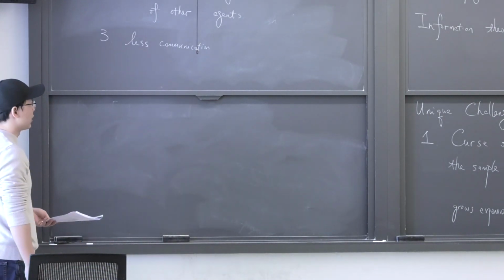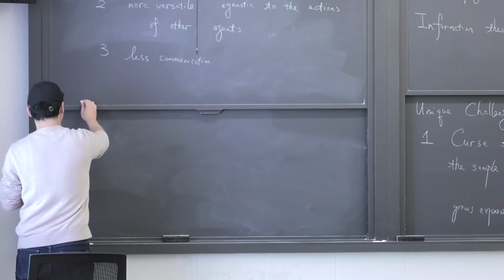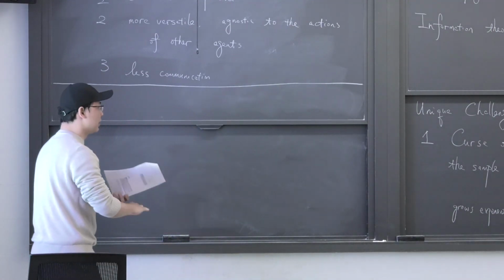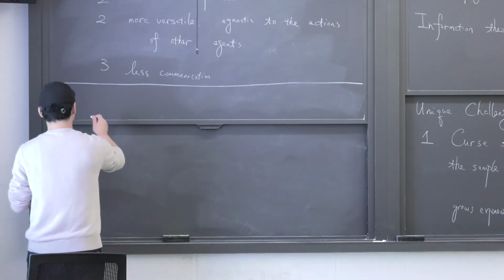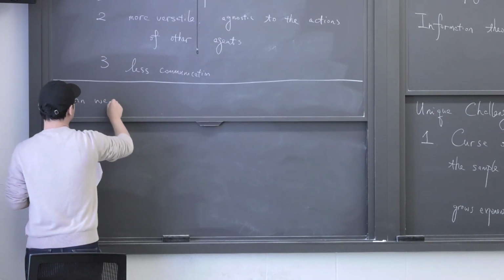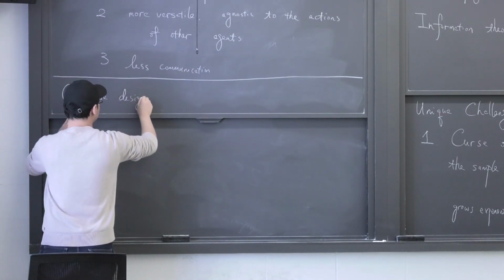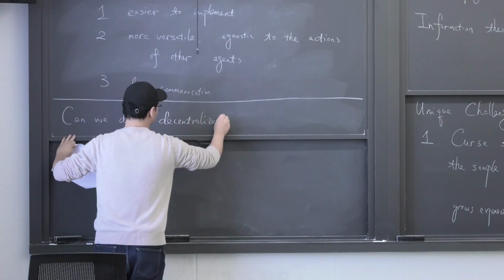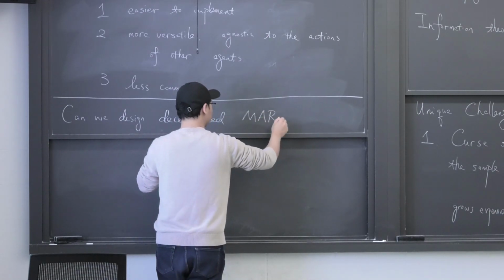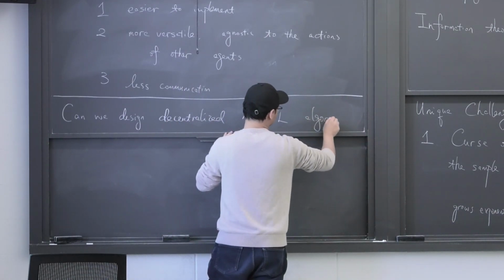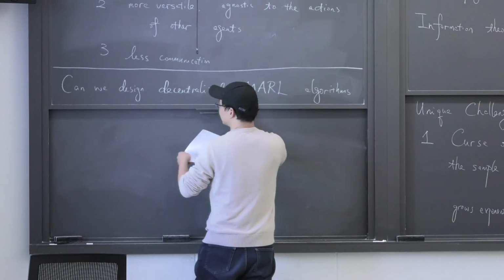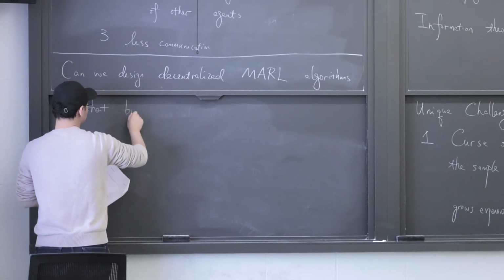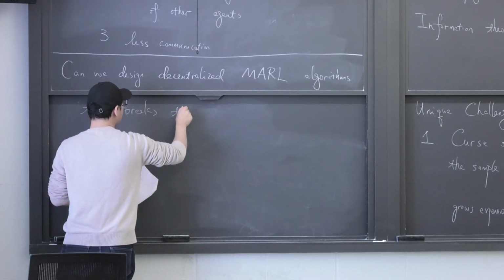So once we talk about these two challenges, I guess immediately we can ask the main question in multi-agent reinforcement learning that is very unique, very different from single-agent reinforcement learning: can we design a decentralized multi-agent reinforcement learning algorithm that breaks the curse of multi-agency?